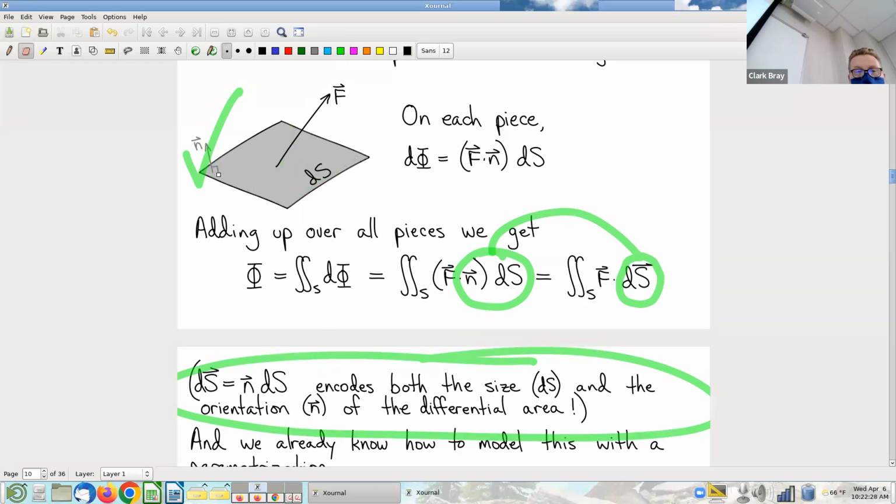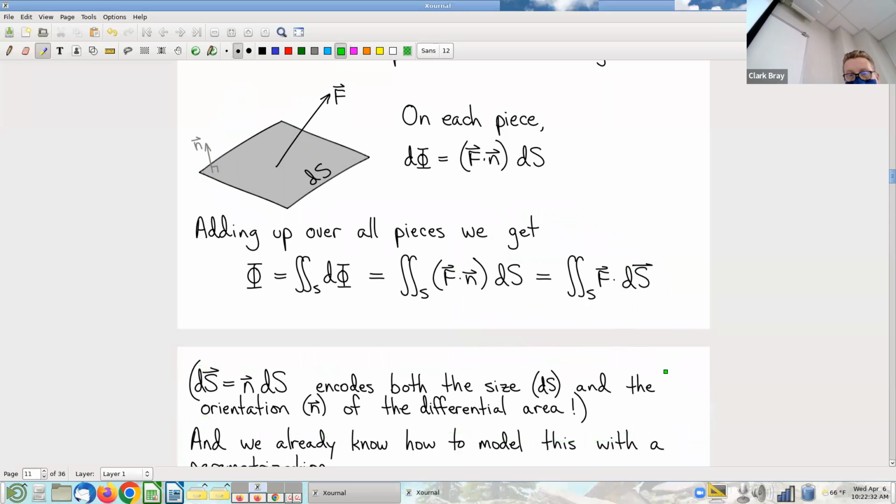Yeah. But the dS vector is not n dot dS, is it? No. What does it equal algebraically? Algebraically, the dS vector is the vector little n, the orientation unit normal vector, times this scalar called dS, capital S, representing size. There's no dot product in here. No, this is just a scalar times a vector.